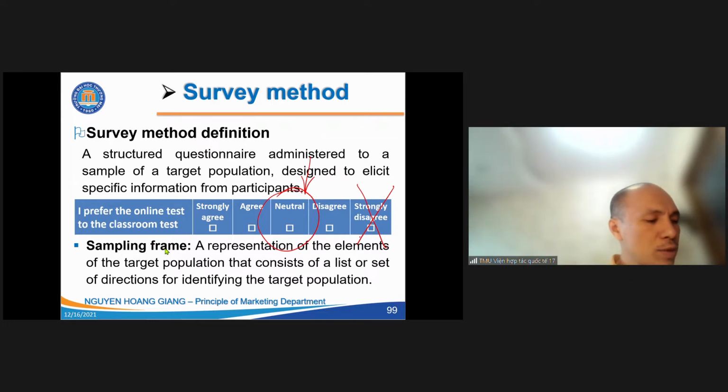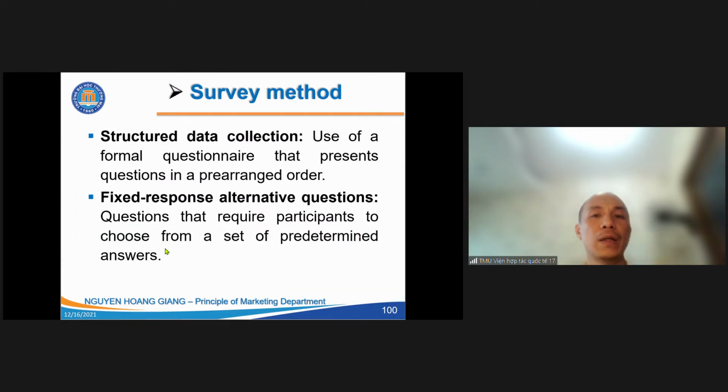So the survey method is suitable to use when we meet customers, or when we can't, we can use some other way to send the surveys to customers. To do the surveys, we can use structured data collection, and we have to think about how to fit the response alternative questions.